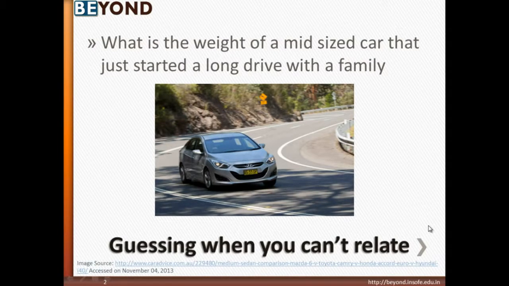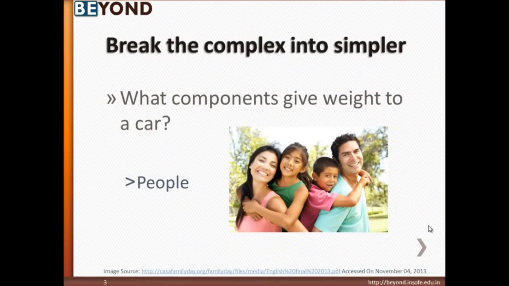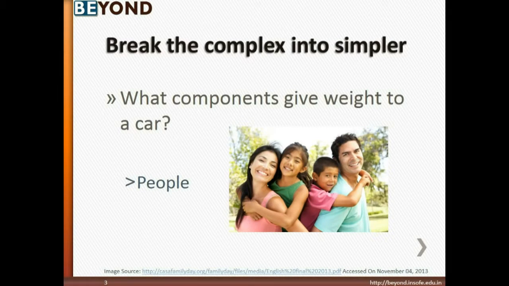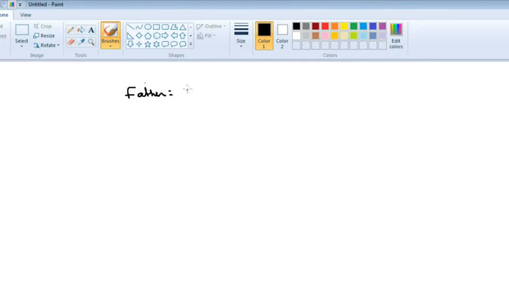This is called splitting the complex into simple. So the first step I use is, what are the components that give a weight to a car? The first thing, people. I said the car is starting a long journey with a family. Nowadays it's common to have family sizes of 4 or 5, so I assume the family size is 4, and I assume the father probably is 70 kgs.